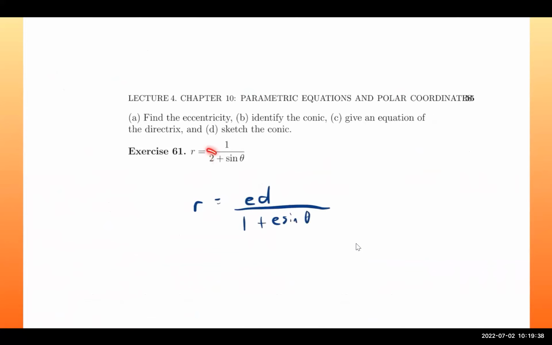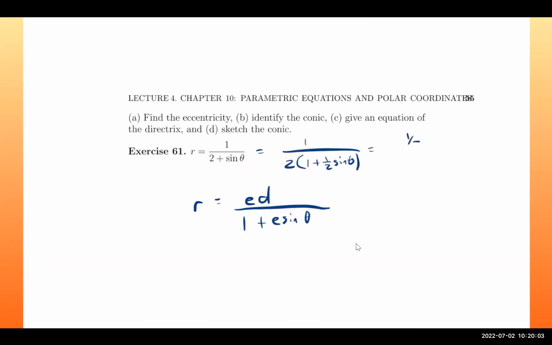That's 1 plus E sine theta, so we need to make this a 1. The way you make this a 1 is by factoring out a 2. So you can turn that into 1 plus 1/2 sine theta. I factored out the 2 from the denominator in order to make that a 1, because that's what we need.